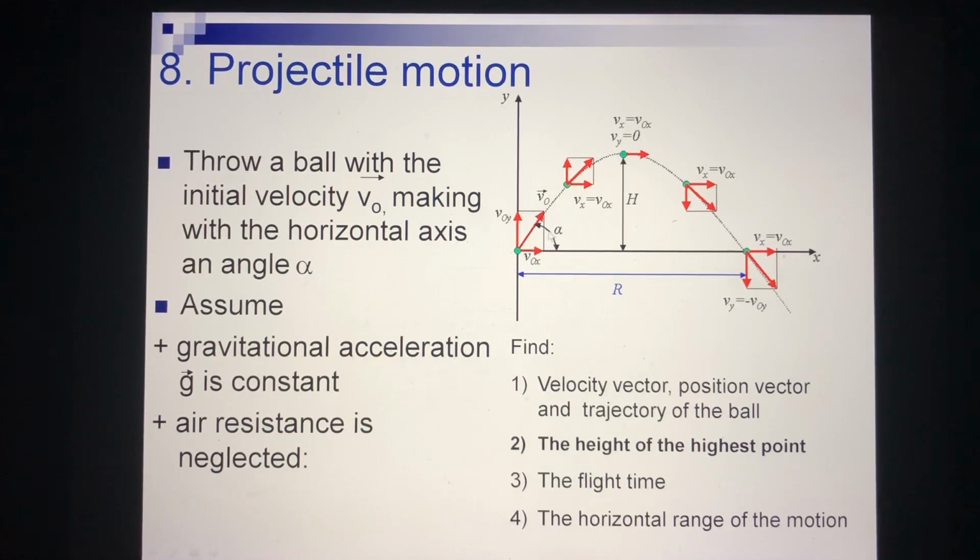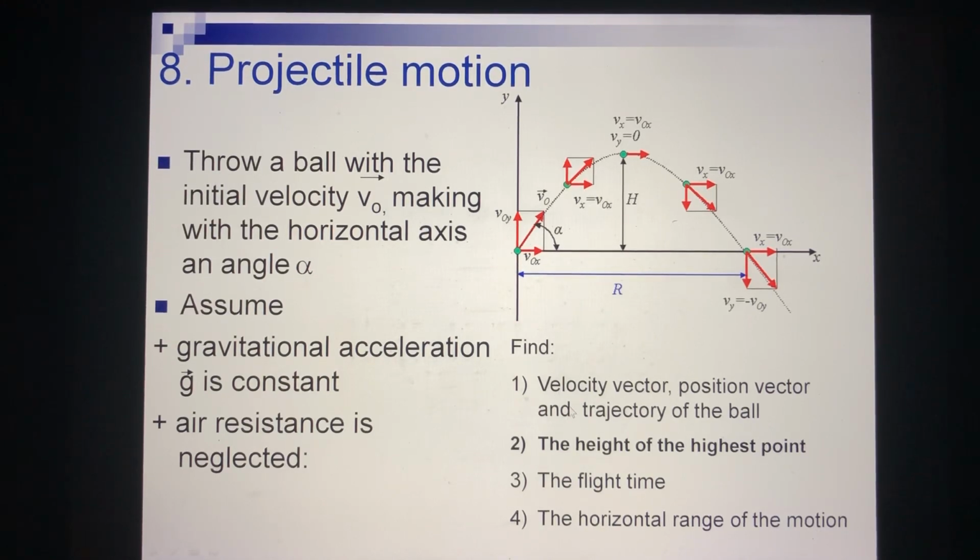We neglect the air resistance, and we consider the acceleration of the ball in this scenario to be constant, and that is the gravitational acceleration. Related to the projectile motion, we focus on 4 problems.